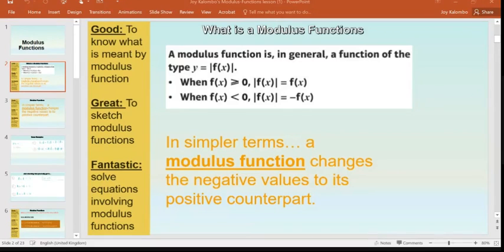Okay, so the range would be x is greater than 1 and less than 6.